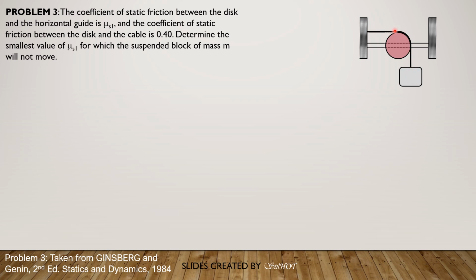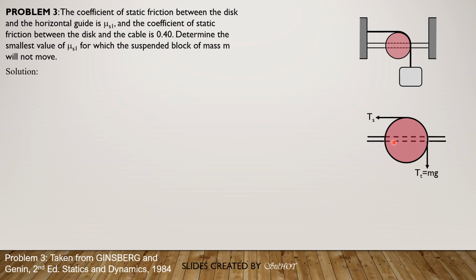Therefore the tension on this side here will be the slack tension. This is the tie tension. And during the free body diagram, let's enlarge the figure. So we have the tie tension here, which is equal to mg, and this is the slack tension, let's just call it T sub S. Then considering this horizontal guide, summation of forces y, the normal should be equal to mg, and summation of forces x, the frictional resistance, so that it will not move, because the question is the smallest value of mu S1.